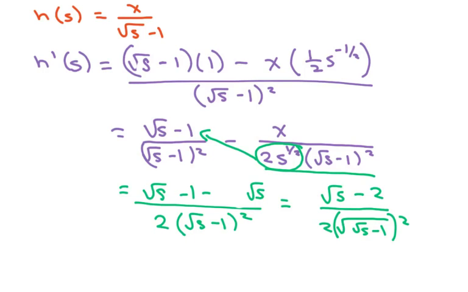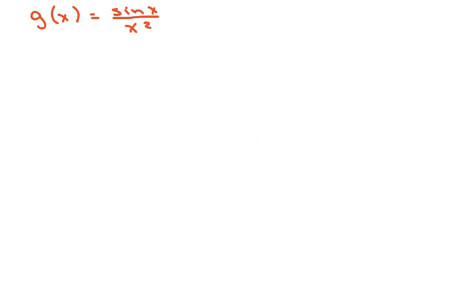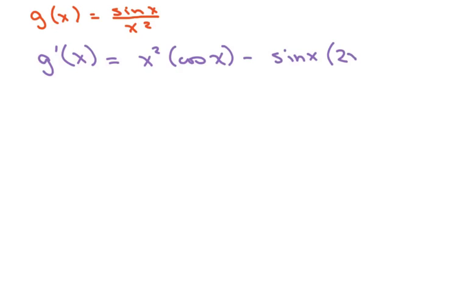Okay. The next one is with sine. So we take the derivative of x. I'm going to write down my denominator. The derivative of sine is cosine minus, write down your numerator, times the derivative of the denominator, which is 2x, all over x squared squared.